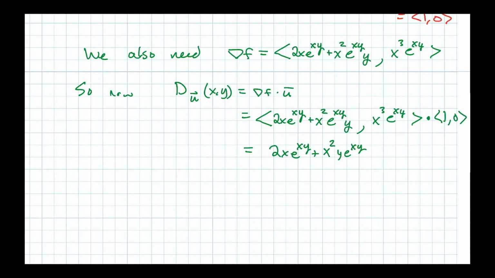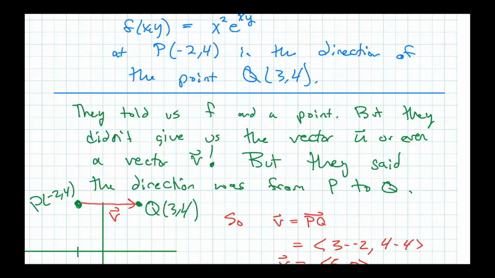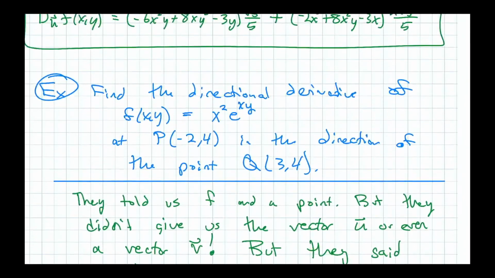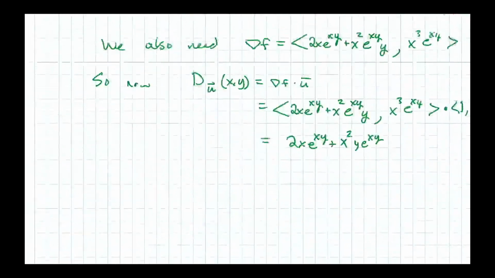Now, this is what we've done in the past example, but I didn't want that. I actually gave you a point. I said I wanted this evaluated at -2, 4. We actually have to plug that in and get a number, right?